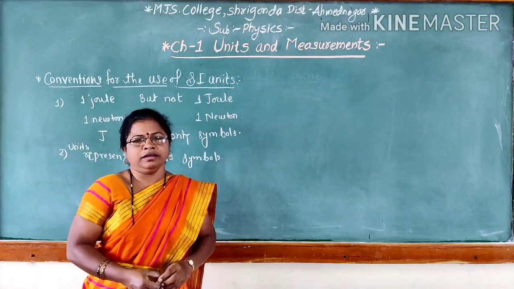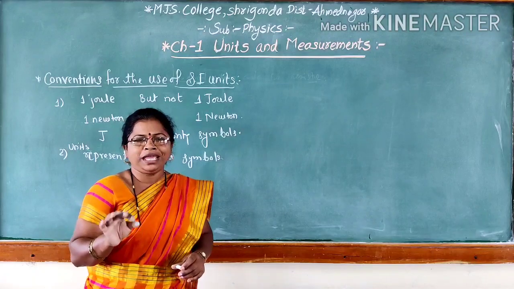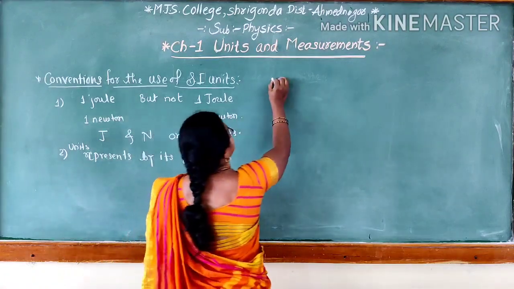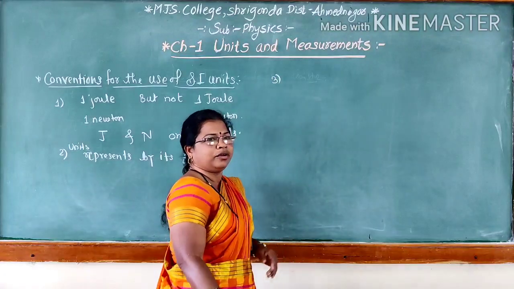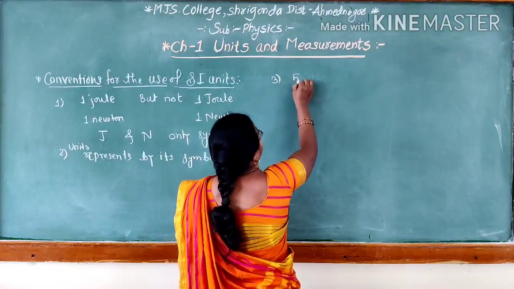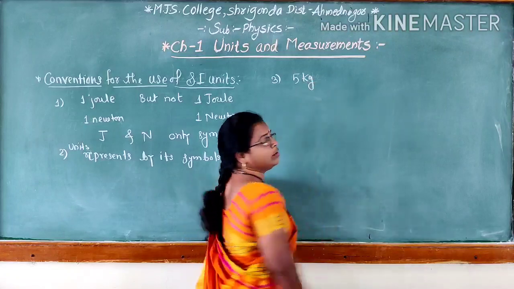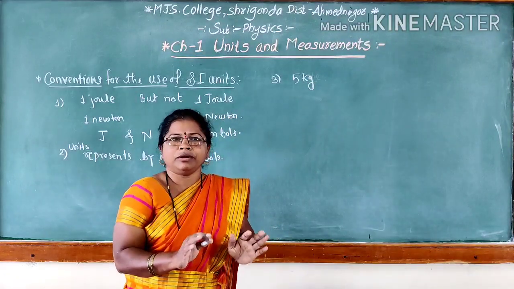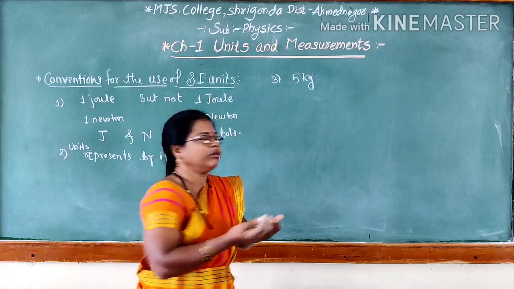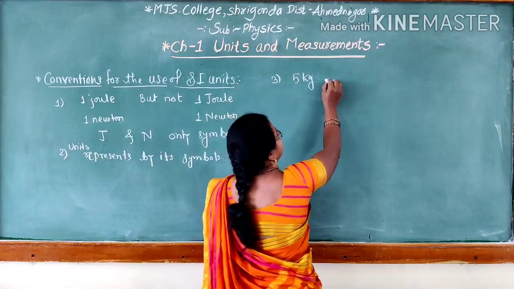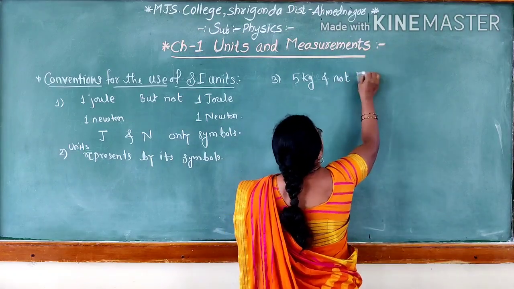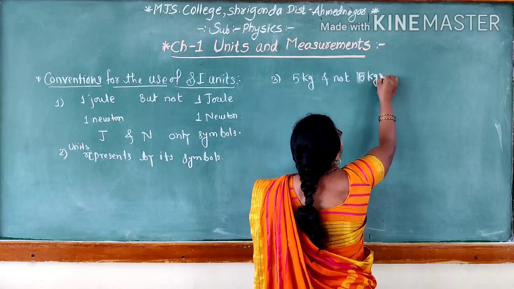Then the third one is that there should not be a plural form. What does it mean? The third convention tells us that we have to write 5 kg, and not 5 kgs. 1 kilogram is there, but when we write 5 kilogram, it is 5 kg and not 5 kilograms.